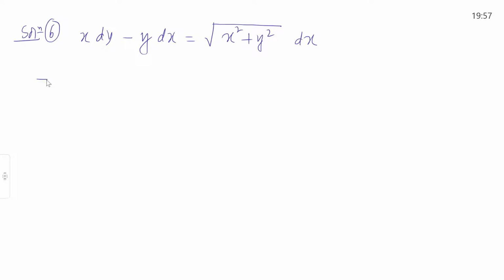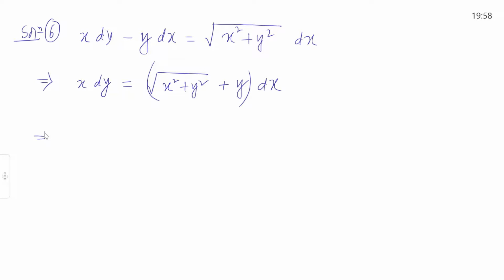The standard form of conversion implies dx goes to the right side, so it is x dy on the left hand side, taking dx common, so this is root over of x square plus y square plus y, whole dx.